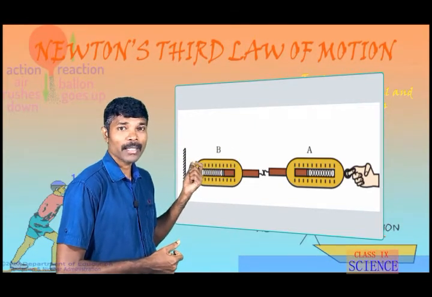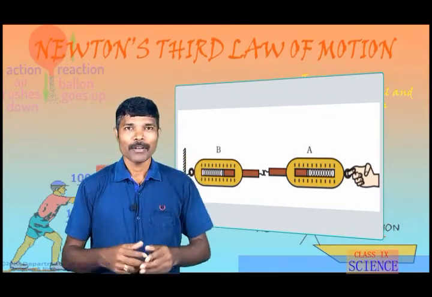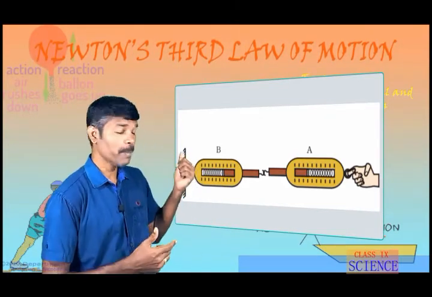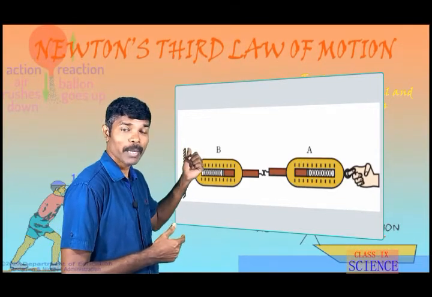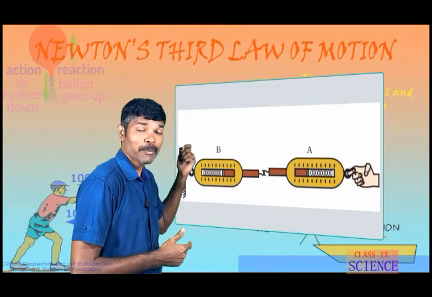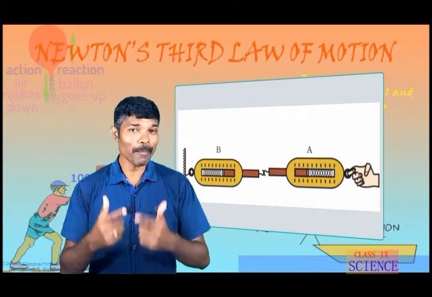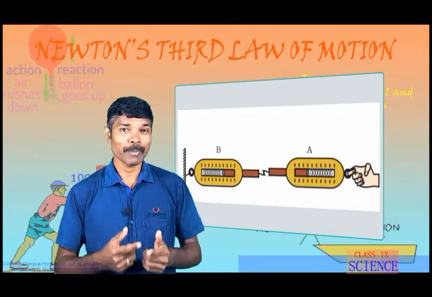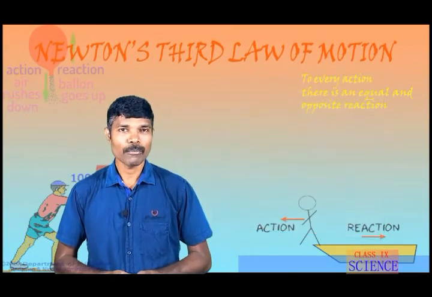Here you can see the spring is dragged in the opposite direction. From this we can understand that spring balance A exerts a certain amount of force on spring balance B. As a result, spring balance B exerts an equal amount of force but in the opposite direction onto spring balance A. So, this is Newton's third law of motion.